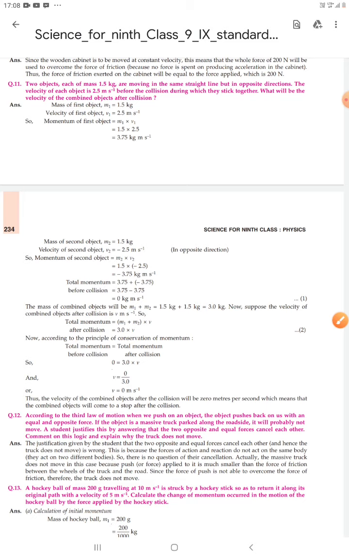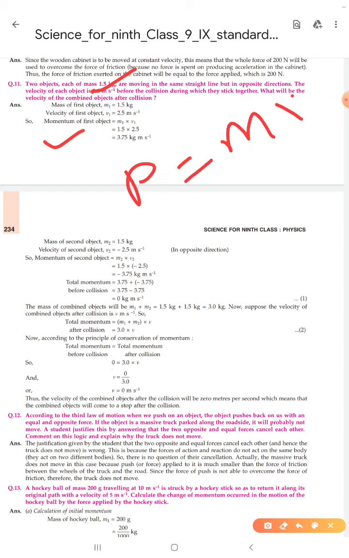So we have to find out at first the momentum of both the objects. We have the first object whose mass and velocity are given. So we can easily find out the momentum of the first object. We know the formula for momentum is P equal to m into v, mass into velocity. So we can apply this and find the momentum for the first object, which is 3.75 kg meter per second.